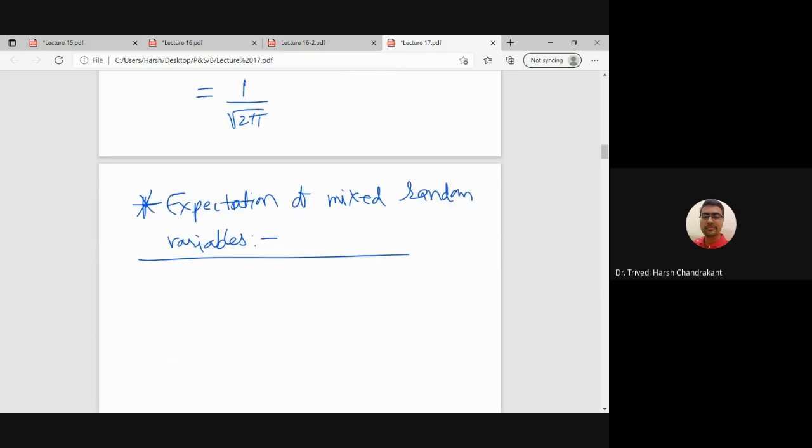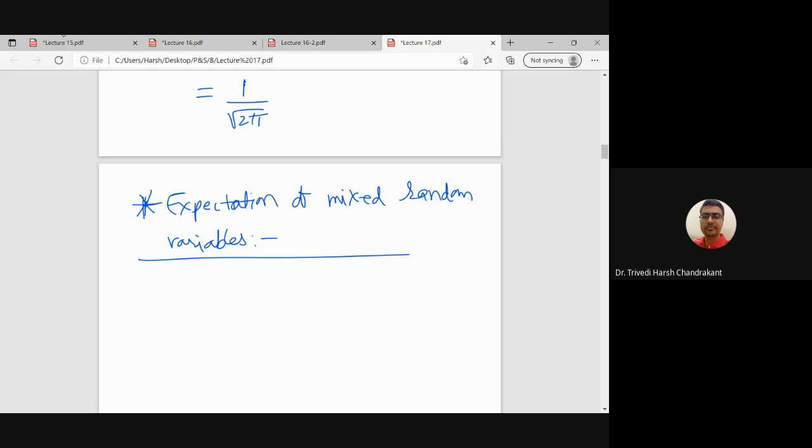So a mixed random variable is always an addition of two functions. One function is a continuous random variable, and the other function is a staircase function, which is known as the step function in mathematics. So whenever we say mixed random variable, that means it is an addition of two random variables.